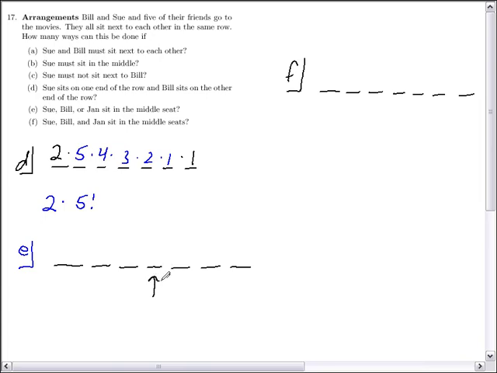In other words, that one spot. Part F says we want these 3 people to sit in those seats that are in essence in the middle. So in part E, Sue, Bill, or Jan sit in the middle seat, so there are 3 choices there. Now which one of those 3 is in the middle, the other 2 can be anywhere else.